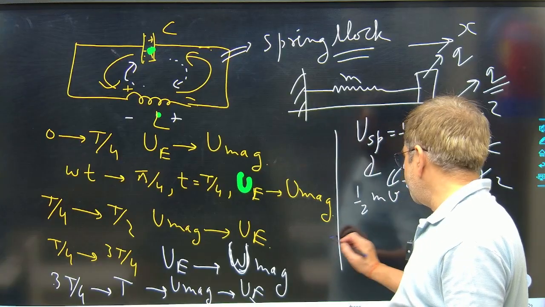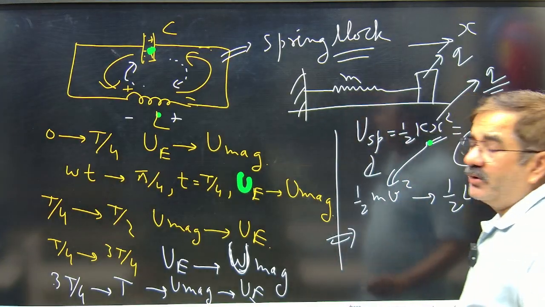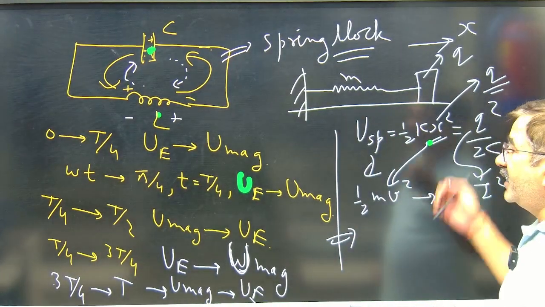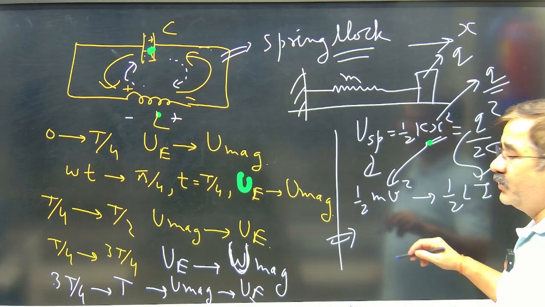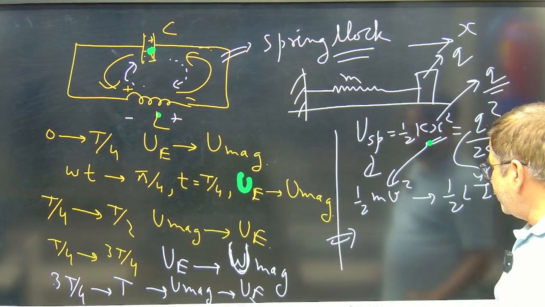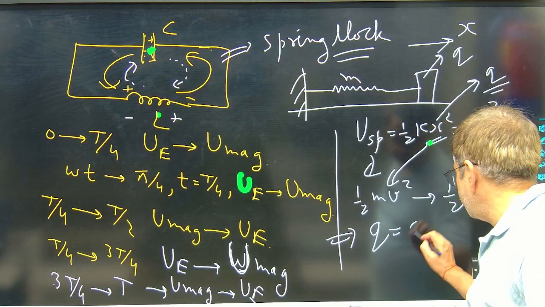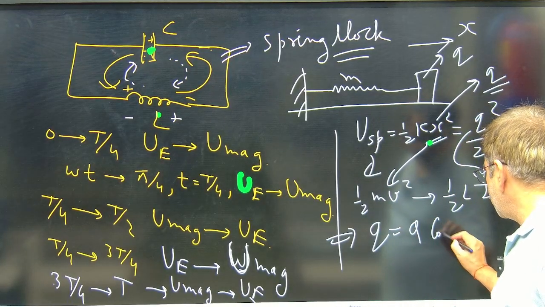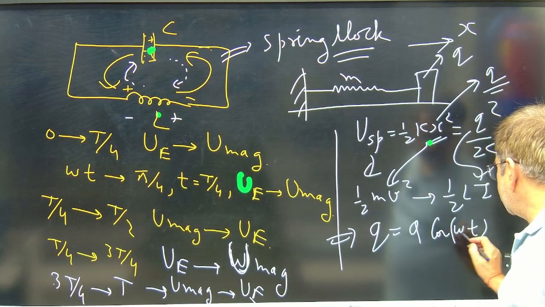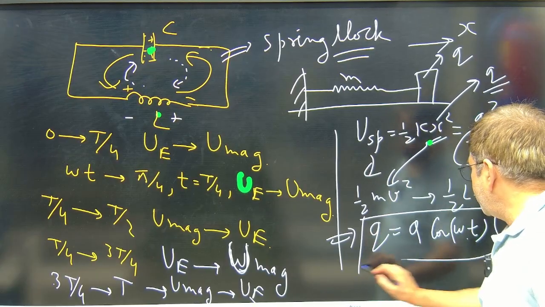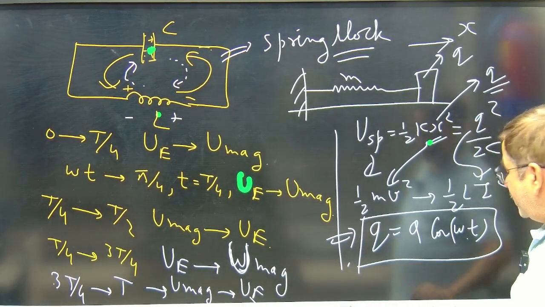So this formation we can make and all the results can be obtained. Anywhere we can see the charge flow or energy, I have told you, correct? And the standard equation was Q is equal to capital Q times cos omega t. We can get a question also on the same.